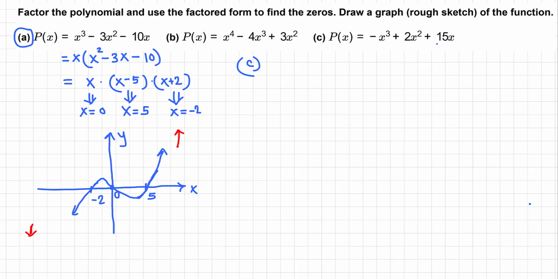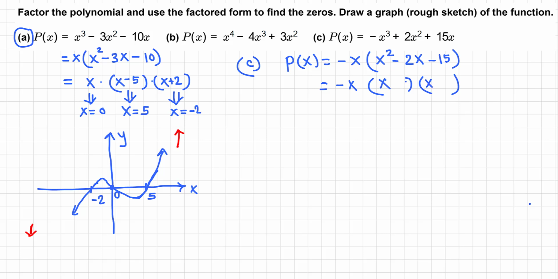But first let's find the zeros. So this p of x is 1, 2, 3. Are there any common factors? Yes, x, and negative x. Negative out, so it's x squared, negative, positive, negative 2x, negative, positive, negative 15. Okay. Negative x outside. Now we can factor x squared minus 2x minus 15: 15 is 5 times 3, so negative 5, positive 3. The negative out front doesn't matter because it's not going to give us any zeros.